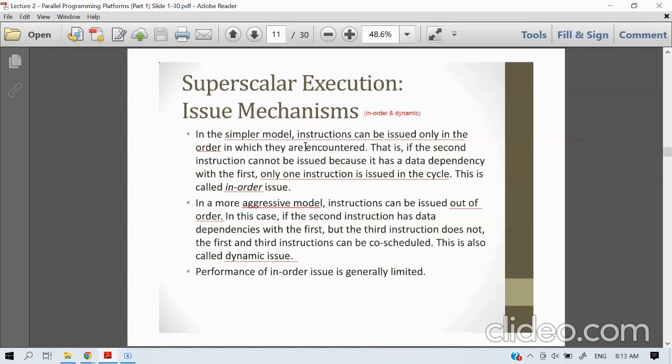This is called dynamic issue. It can jump to another instruction which has no dependency at all. So the performance of in-order issue is generally limited compared to dynamic issue. Why? It needs to wait for the previous instruction to be executed first, then it can be executed.